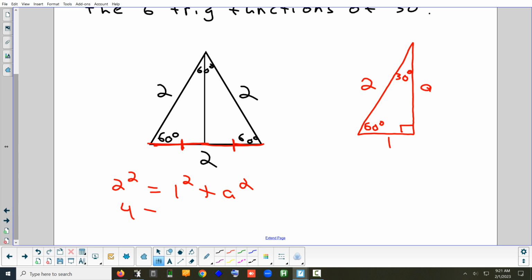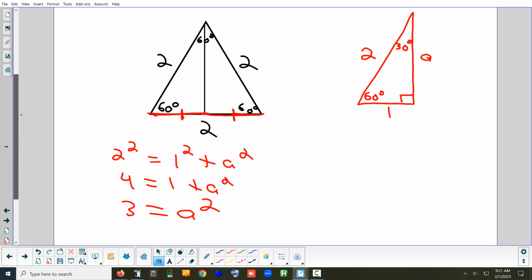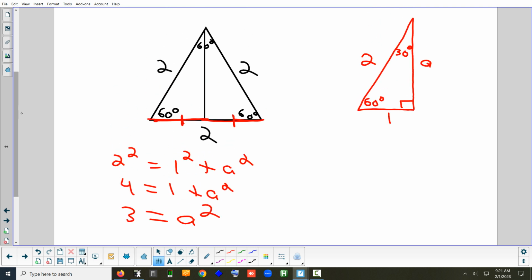So 2 squared is 4, 1 squared is 1. Bring the 1 to the other side. And what's the height of that triangle? Square root of 3. And you might have known these numbers. These are special numbers that come up when you do a 30, 60, 90: 1, 2, square root of 3.